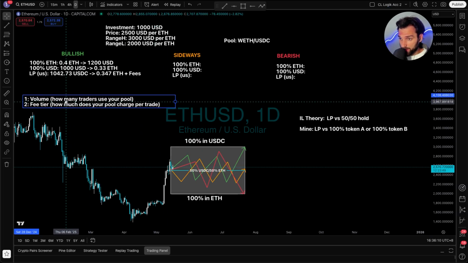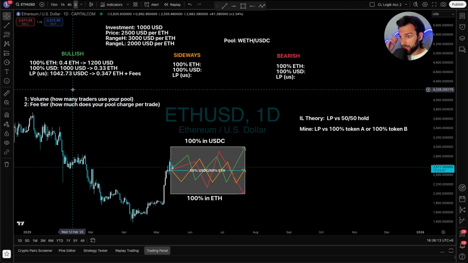What I would like you to do, because you're just starting out, is to use the fee tier that has the most volume there. On Uniswap, it will automatically calculate that fee tier for you. And on Orca and Solana, you just take the pool with the highest amount of volume. You can filter on volume on the pools there, and you can click on that one for now. So don't complicate things too much.